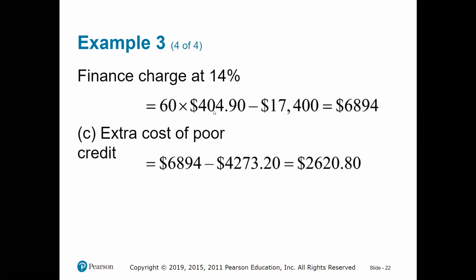You're going to take 60 times your $404.90 and subtract off the amount financed. So it's $6,894. And then there's your difference. So it definitely helps to have a better credit score.